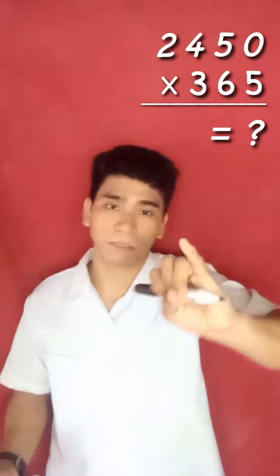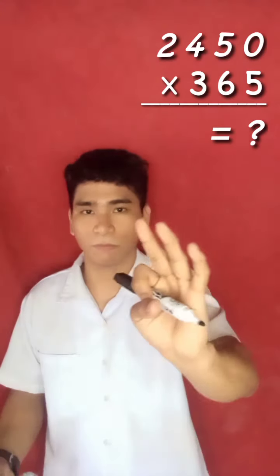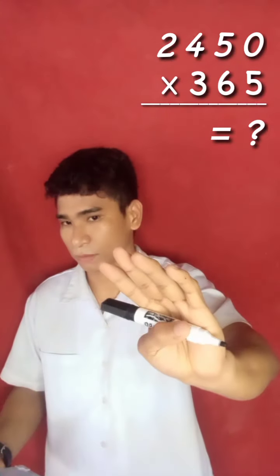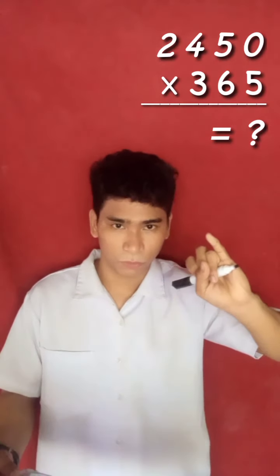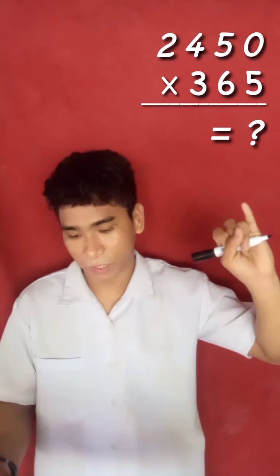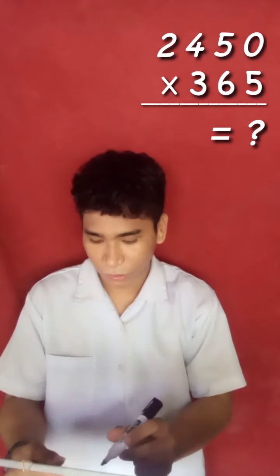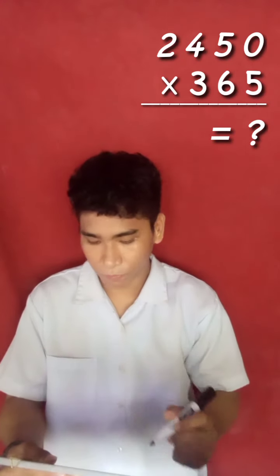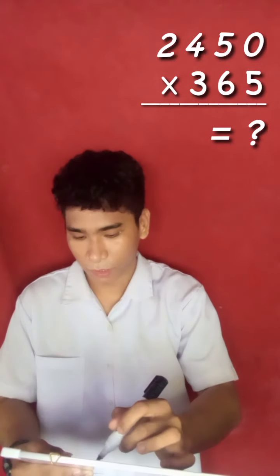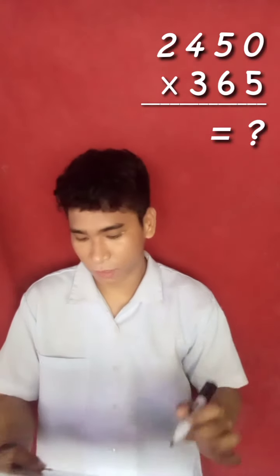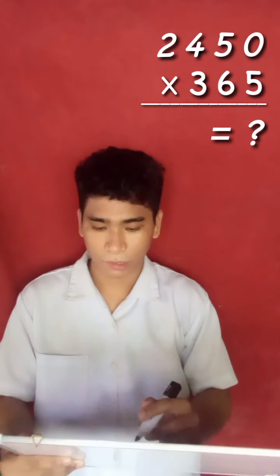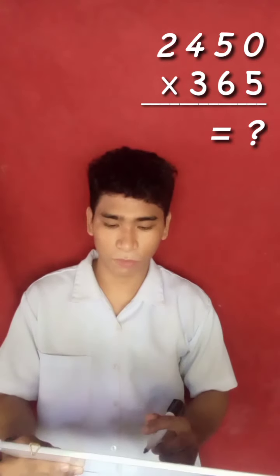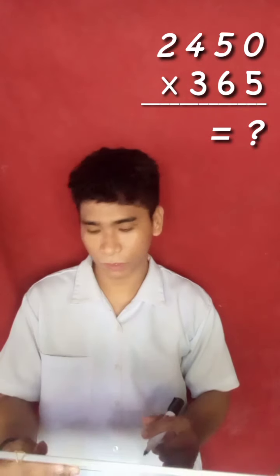So with the 4, 8, 12, 16, 20, 24. Now, 24 plus 3 is equal to 27. So bring down 7 here at the bottom of the number 2. And then write 2 at the top of the number 2. Now, 6 times 2 or 2 times 6 is equal to 12. Plus 2 is equal to 14.